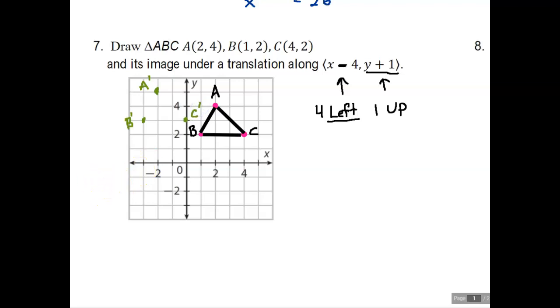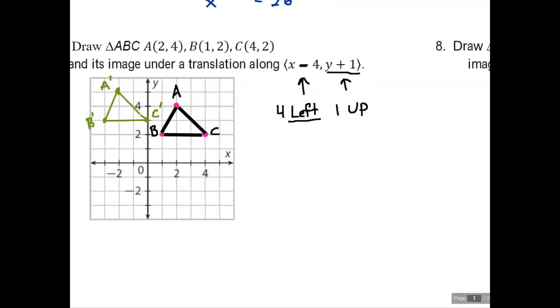Okay, so that is our transformation under this translation here. Looks just like that. Remember, these are all rigid transformations, meaning the size and shape should be the same. So if you get an answer that looks bigger, smaller, or in a different shape orientation, something's wrong.